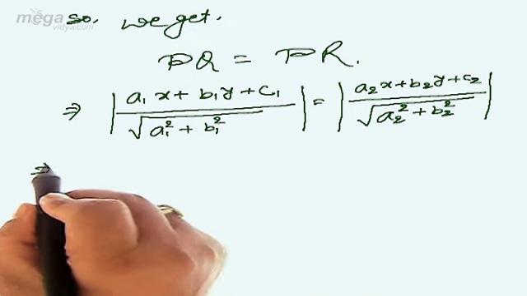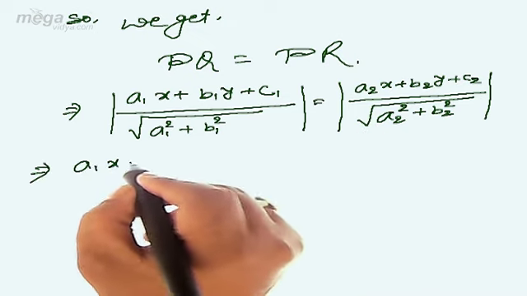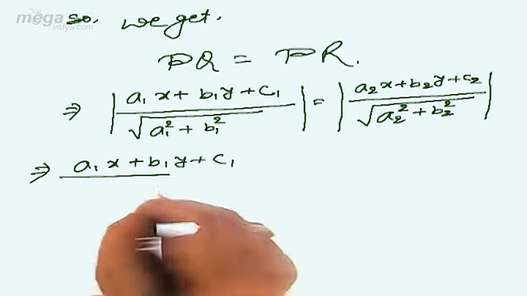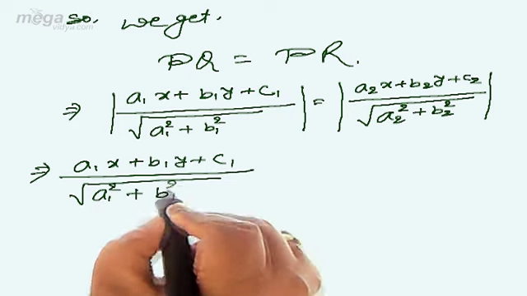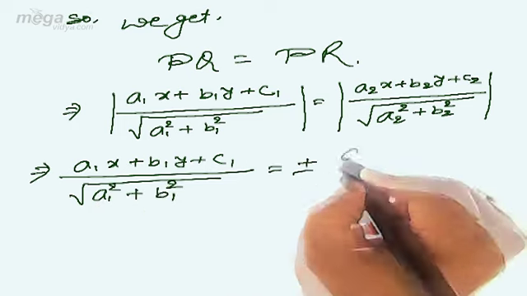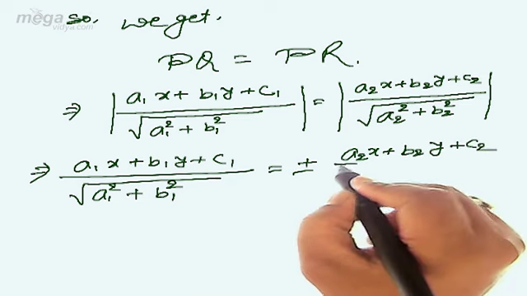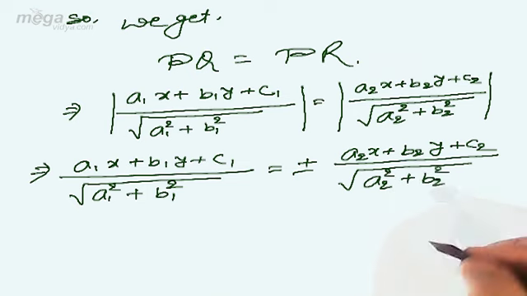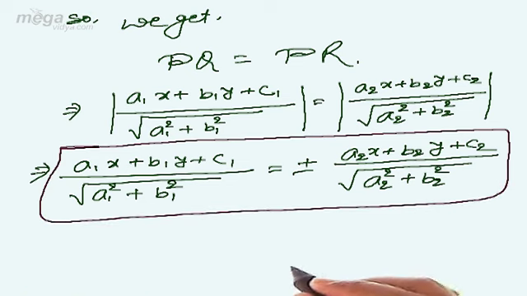And when you remove the modulus sign, then you get a1x plus b1y plus c1 divided by root under a1 square plus b1 square is equal to plus minus a2x plus b2y plus c2 divided by root under a2 square plus b2 square. And so student, this is the formula to calculate the angle bisector.